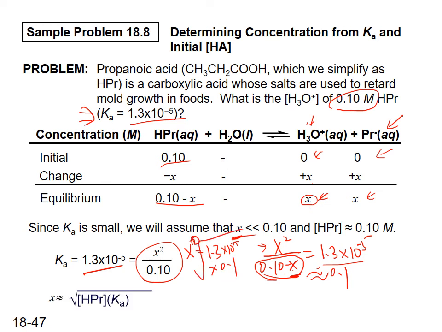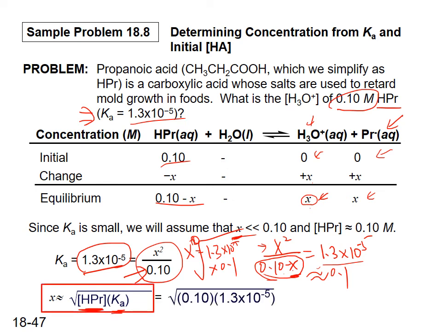So here we can say X is the square root of the initial concentration of the acid, 0.1, multiplied by Ka. So initial concentration times Ka. Plug in the data, and that gives you 1.1 times 10 to the minus 3 molarity hydronium ion.